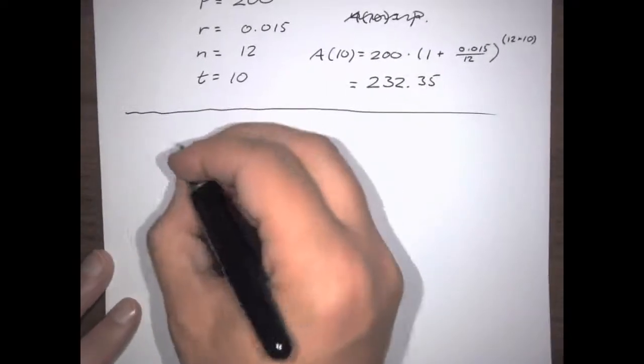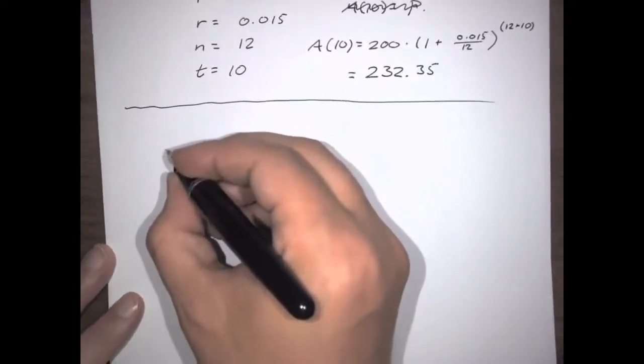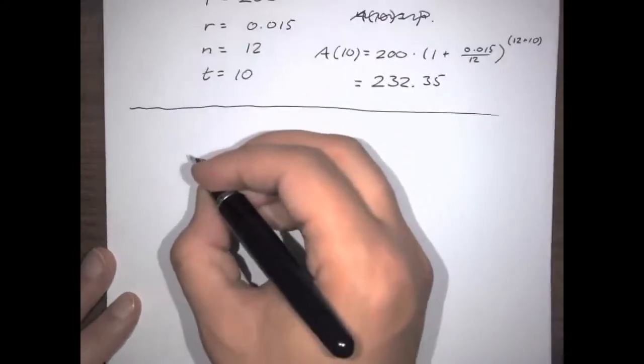Now, there's also a different way of expressing exponential growth, and that is with the continuous rate.